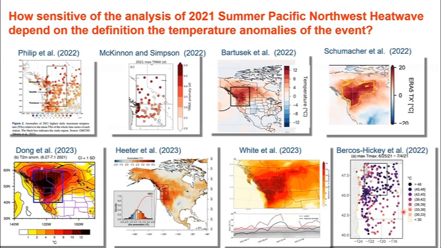But if you look at even the 2021 summer heat wave in North America, there are many papers on this, and none of them define this event in exactly the same way. The box they choose is somewhat different.